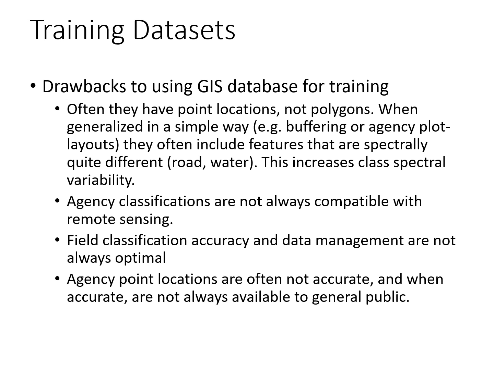And the point locations are not always that accurate. And when they're accurate, that is the GPS points for the center of the plots, they're not always available to the general public. For Forest Inventory and Analysis plots, you have to be FIA personnel in order to get direct access to those locations.